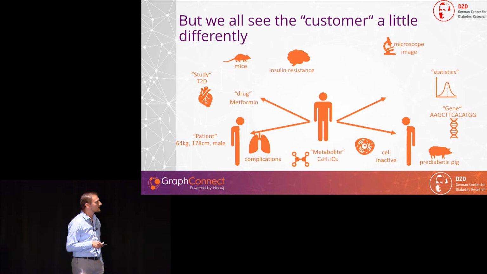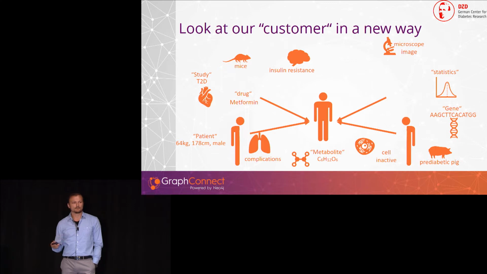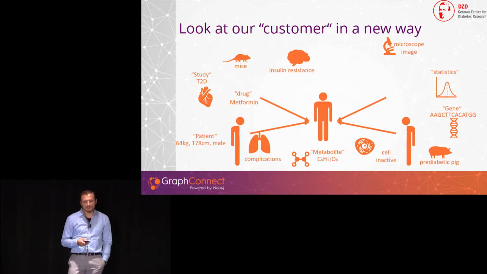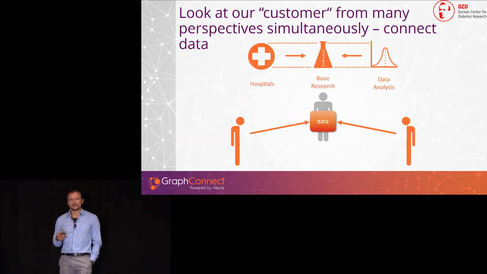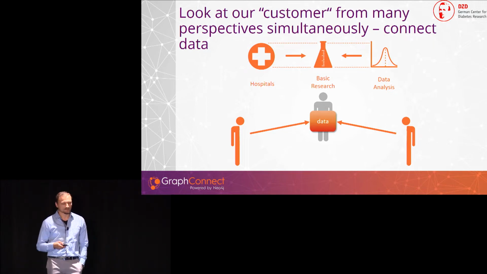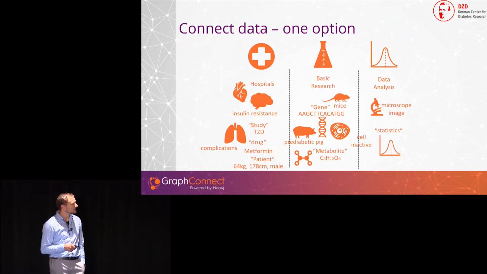Some see it as an animal model, some look at microscopy pictures, some look at the metabolites, and so on and so forth. But now we have to look in a new way at our customer to combine different types of data. And that means that we have to share data. We have to look from as many perspectives as possible, and that means we have to connect the data together.